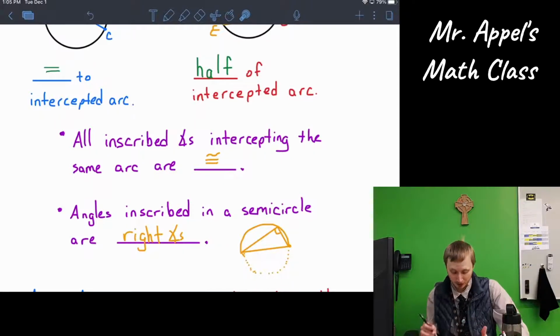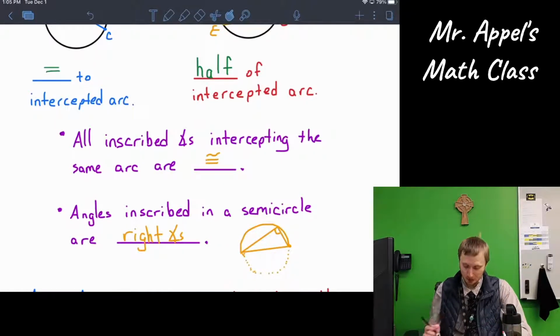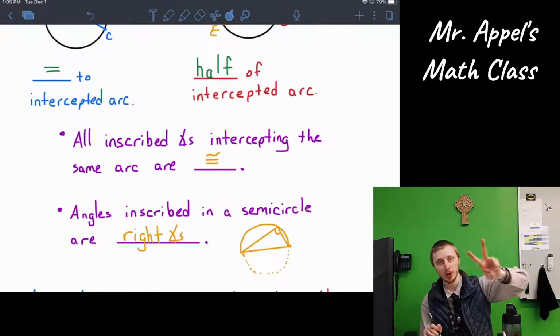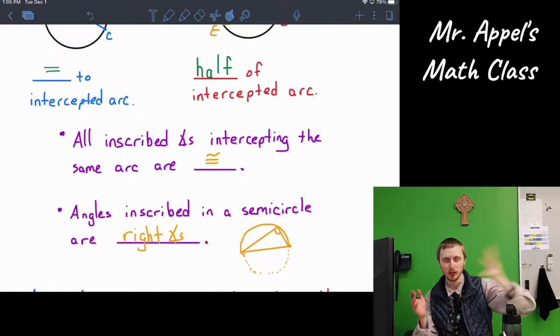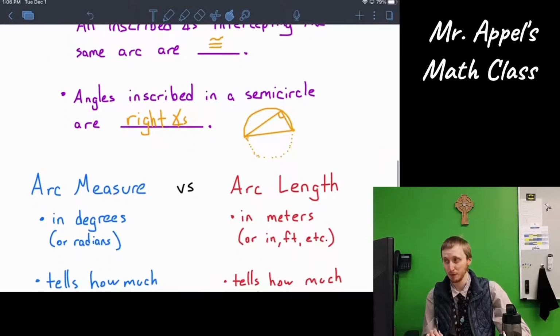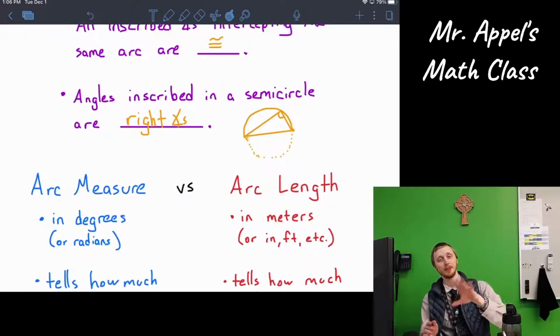No questions. Okay. Then, next up, when we're dealing with arcs, there are two ways to talk about and measure and compare arcs. And that is the arc measure itself versus, new today, the arc length. Okay?